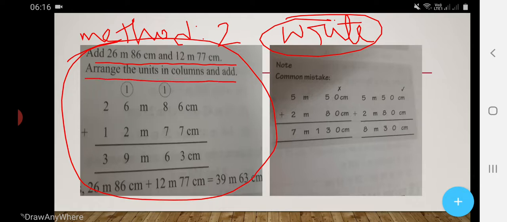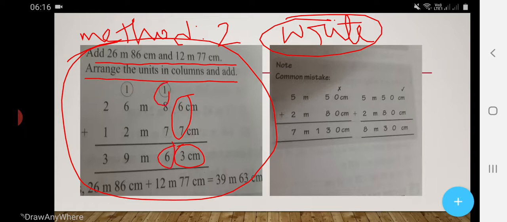Arrange the units in columns and add. Now 7 plus 6 is equal to 13. Carry is 1. 8 plus 7 is 15, plus carry 1 is 16.